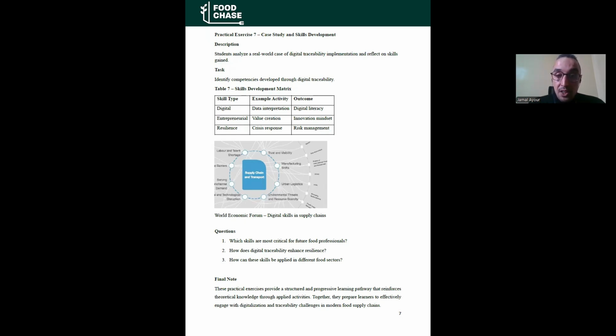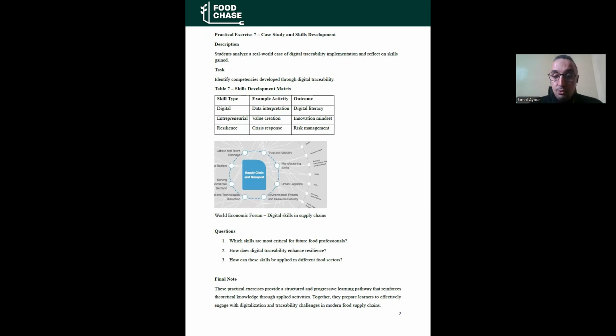The objective is to analyze these skills regarding digital entrepreneurship and resilience with some examples and outcomes. We also have this graph regarding economic form and digital skills, with benefits regarding trust, transparency, and high quality of your product.